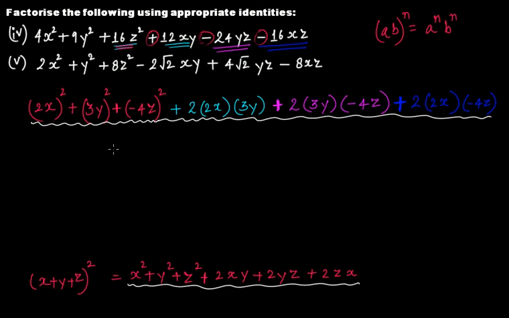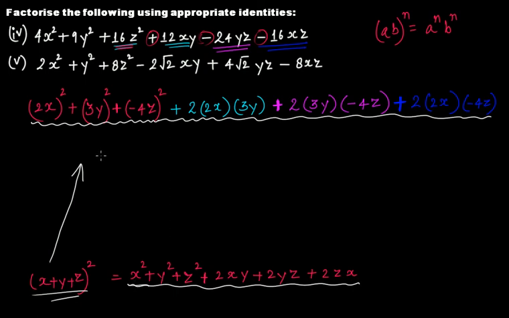Now from this one, your x is what? 2x. Your y is what? 3y. Your z is what? Minus 4z. Then you have 2 multiplied by x, which is 2x, y which is 3y, then 2 multiplied by y, which is 3y, and z which is minus 4z in this case. So now use this one and write it here, because we have got this one as the expanded form of this left hand side expression.